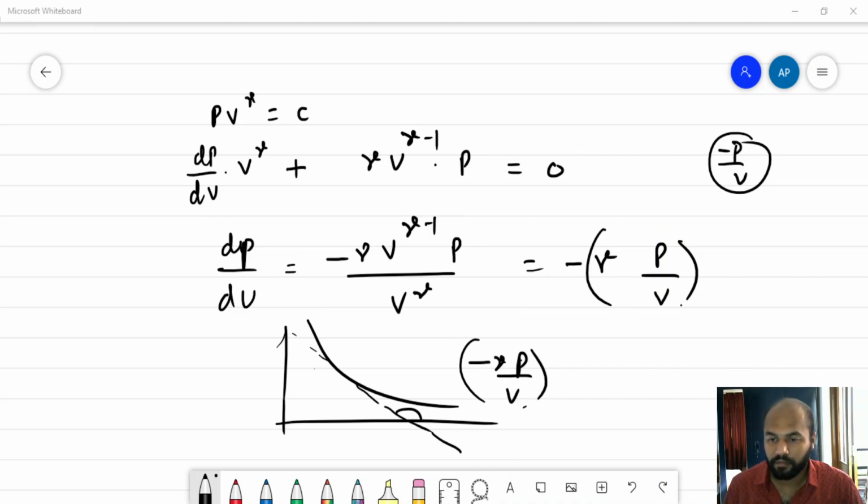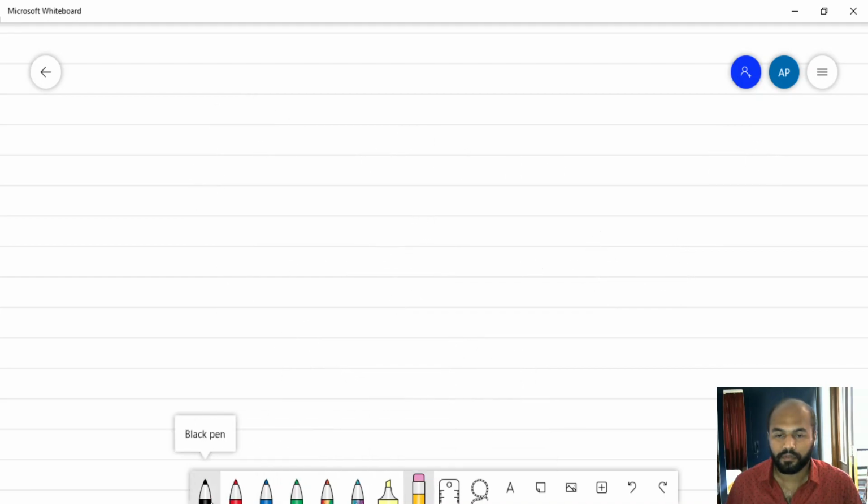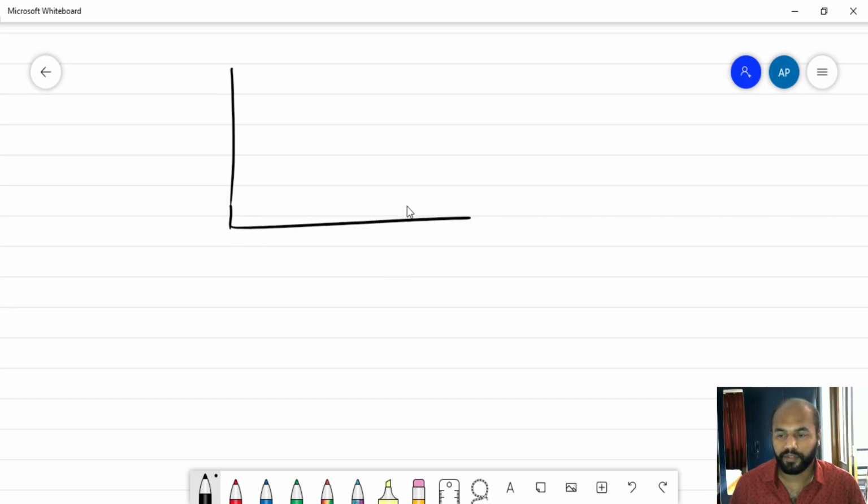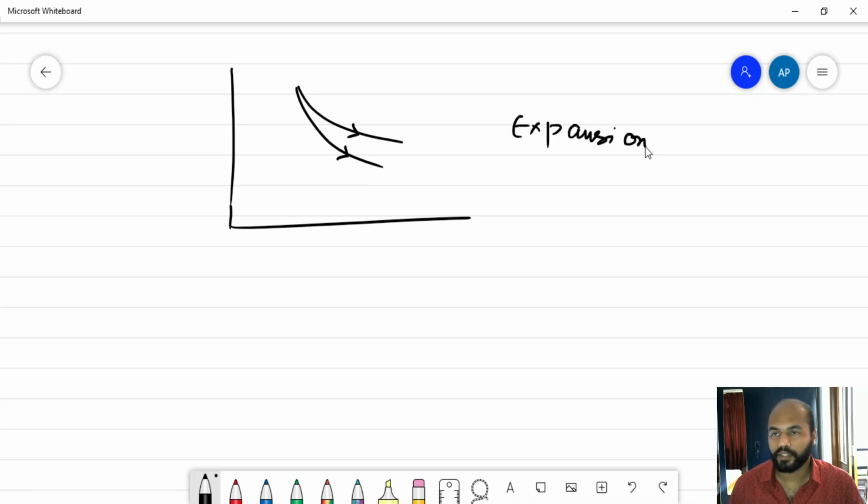Now let us compare the graphs of isothermal and adiabatic process for expansion. So we just saw that the slopes of both the graphs are different. Hence, as far as isothermal is concerned, when it is an expansion process, then isothermal comes on top. And this is the graph for adiabatic.